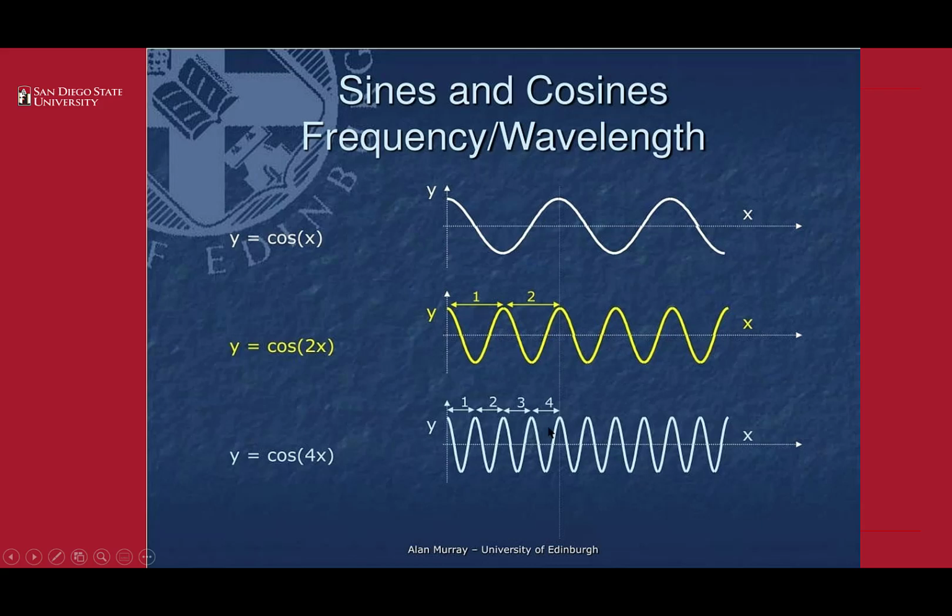This waveform, this signal, is in terms of frequency 4 times faster than the first one and 2 times faster than the second one. And there is absolutely no change in the amplitude of the signal, and there is no phase shift. The only thing that changed is the frequency. So whatever we put inside the cosinus function must be related to the frequency.